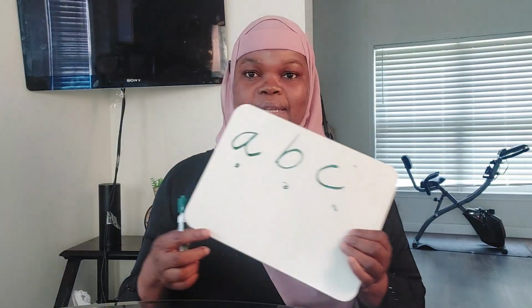Then you ask the child, what sound do you hear at the beginning of this name? With apple, the child would tell you that the word begins with A. And then you take the next letter.